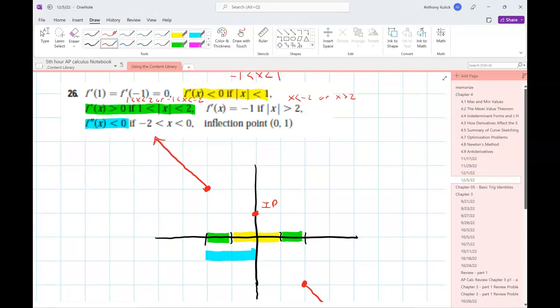So I'm going to turn around and I'm going to be increasing, but I need to be concave down. So it's going to look like that to my maximum. Then I'll keep on concave downing.